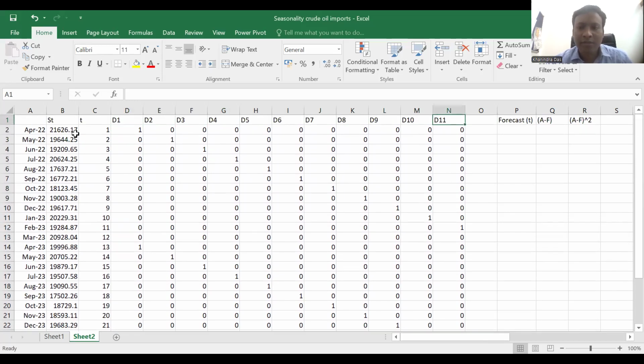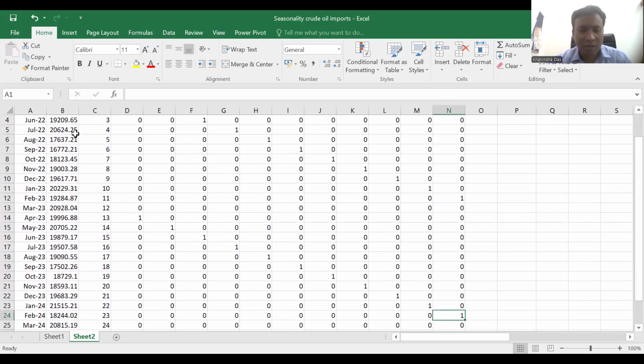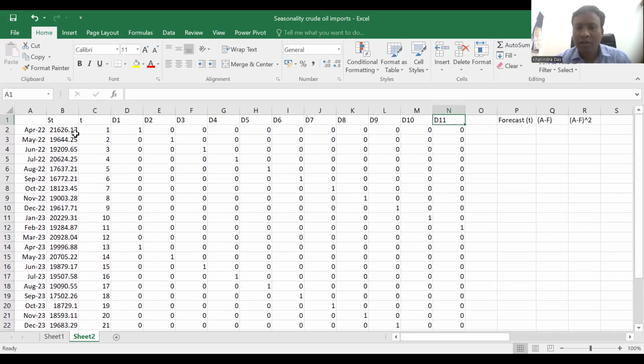Likewise, for the month of February, D11 takes value 1, because the financial year is from April to March. So for month 11 in terms of financial year, it takes value 1 and 0 otherwise. So dummies are there, the time variable is there, and your variable of interest, which is to be projected or forecasted, is here.